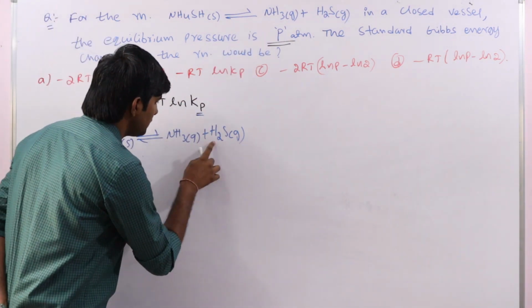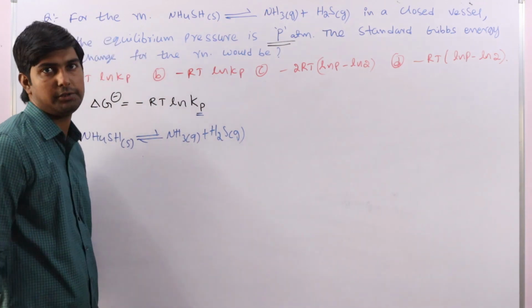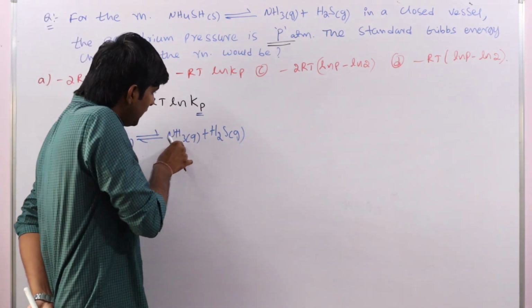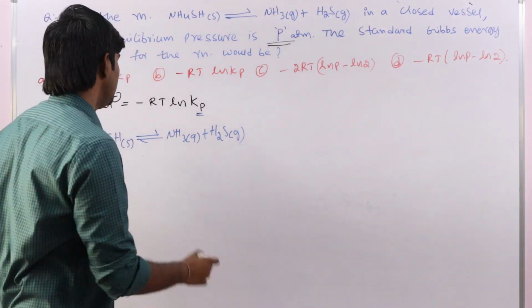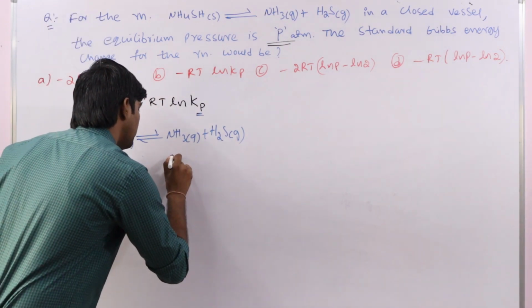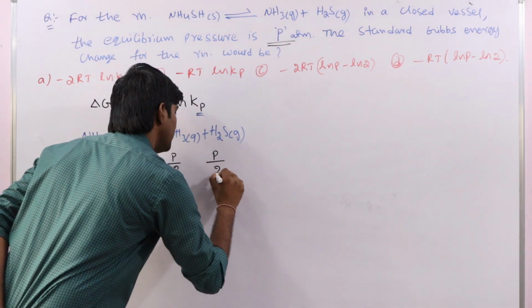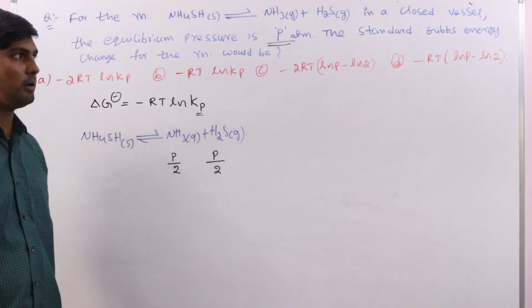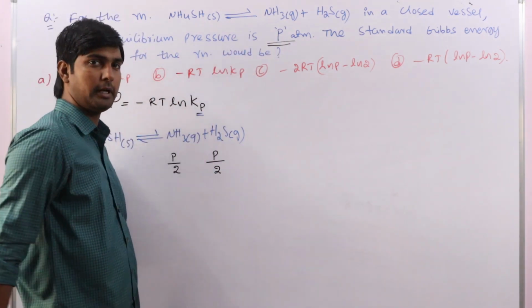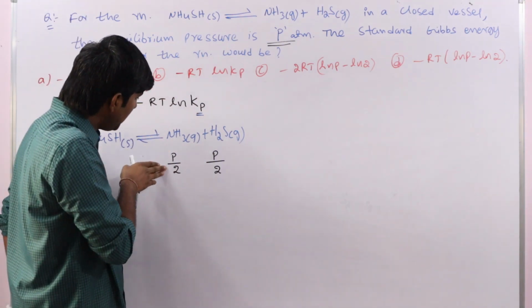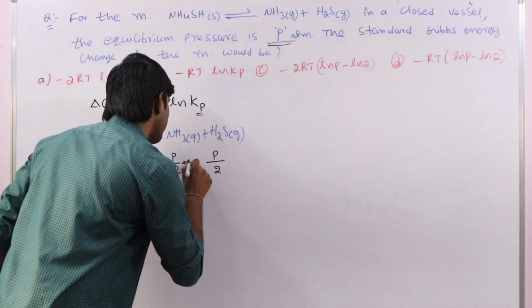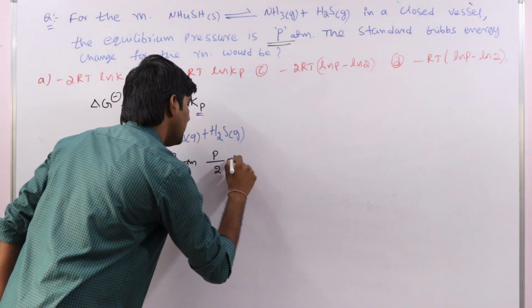These two are formed in 1:1 ratio, 1 mole of NH3, 1 mole of H2S. Both contribute equally to the total pressure at equilibrium. So this one is P by 2 atmosphere, and this is also P by 2 atmosphere.